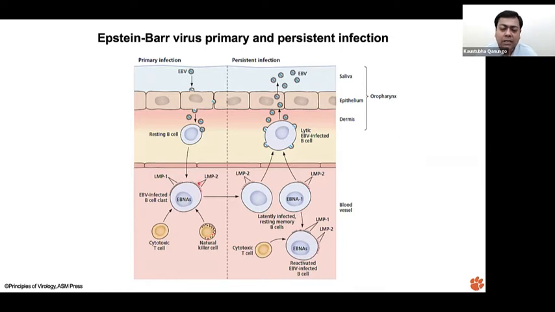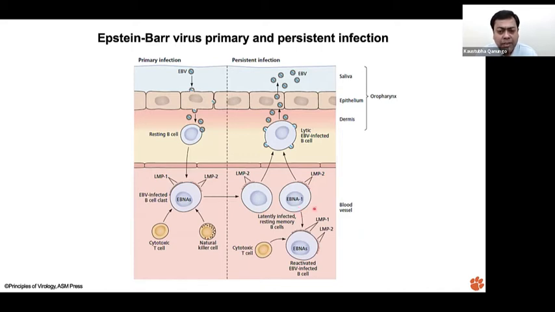So just a few of these cells, which are the memory cells, can stay, and they are now latently infected, and they only express LMP2, not LMP1, only LMP2. And these latently infected resting memory cells can stay in your lymph node forever.